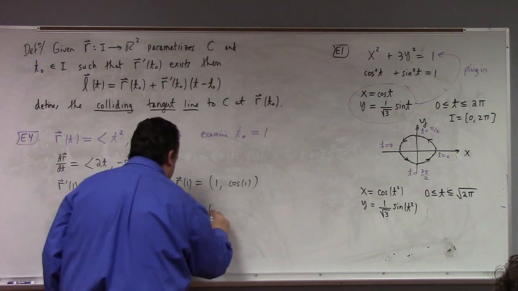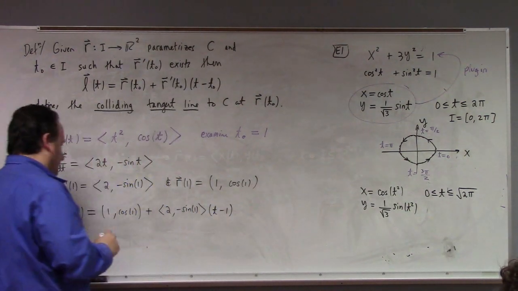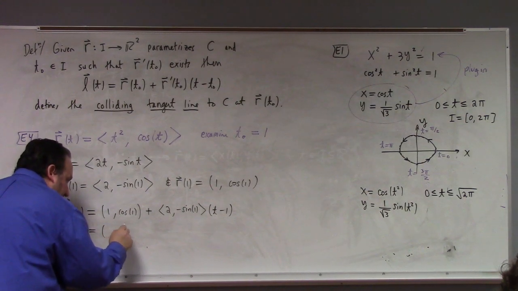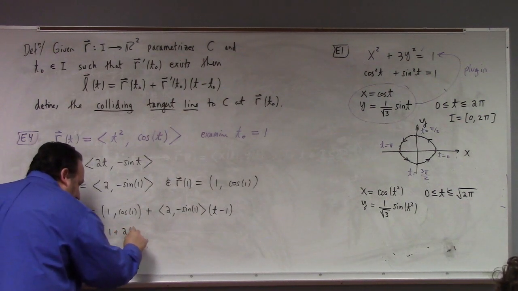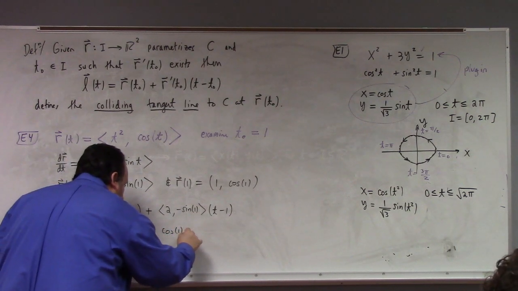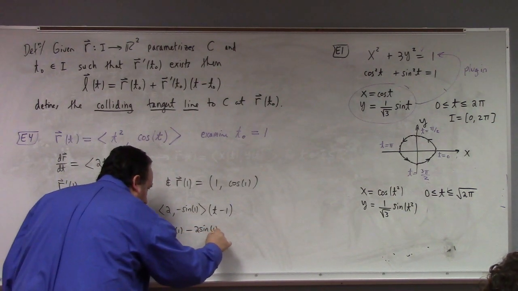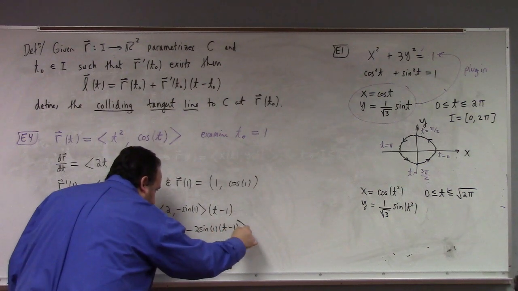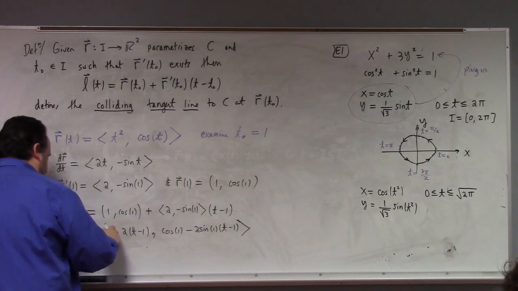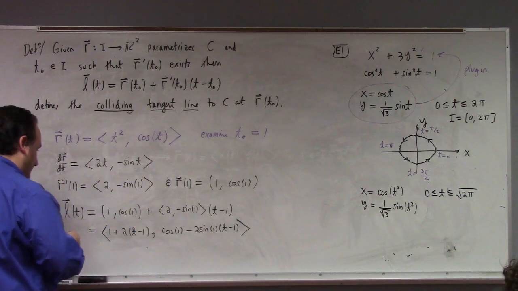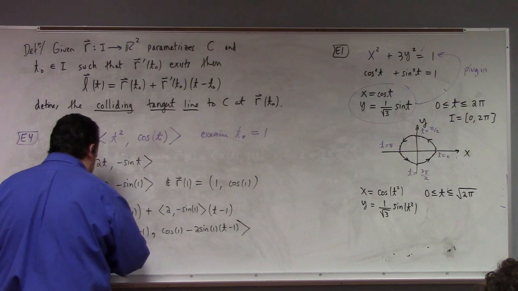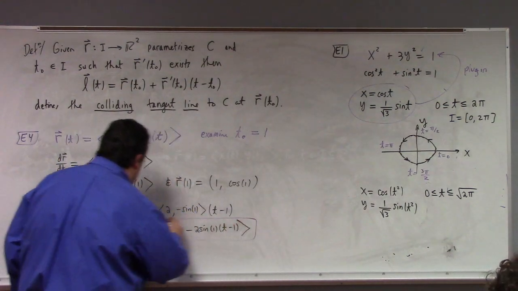Times t minus 1. Now I can clean this up a bit. I have 1 plus twice t minus 1, comma, cosine of 1 minus 2 times the sine of 1 times t minus 1. Well, listen, I'll put vectors here. Like I said, it's kind of a matter of emphasis. So, sorry if I have put the wrong emphasis on the incorrect syllable. But there you go.